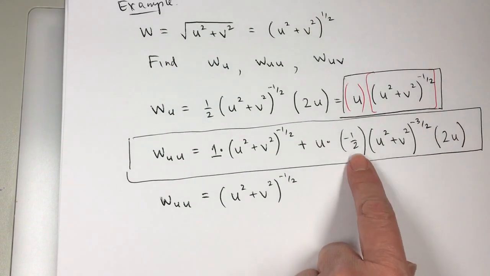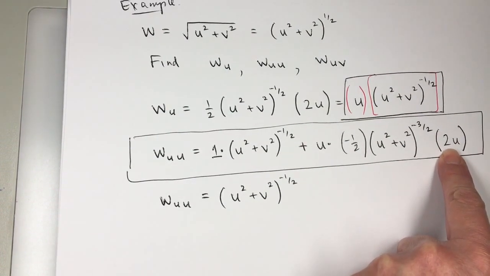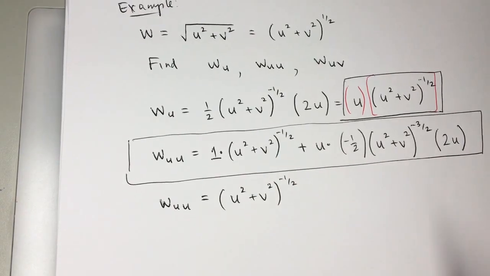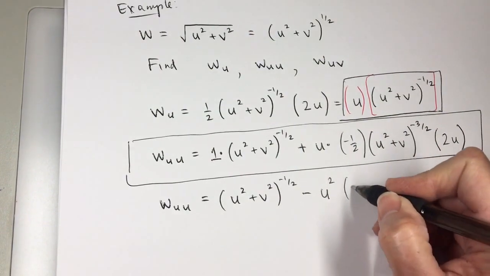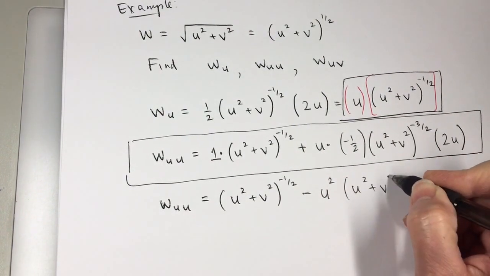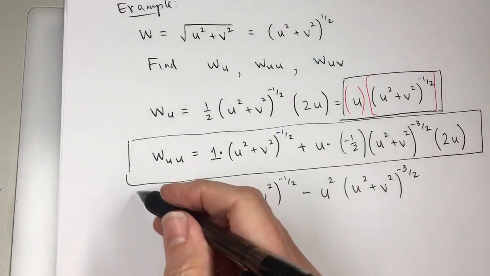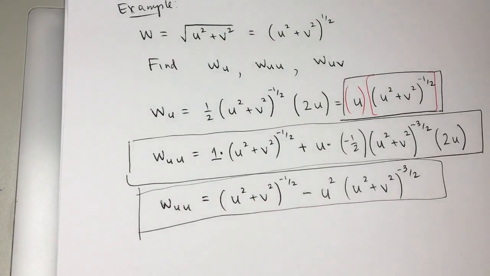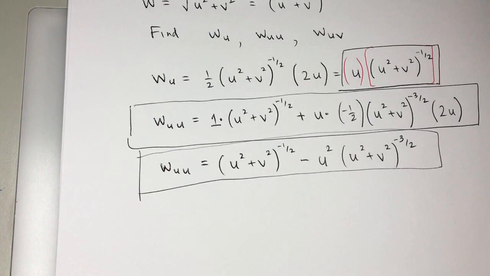Here I have a -1/2 times 2. That's going to be a -1. And I can do u times u. So it's going to be minus u squared times u squared plus v squared to the -3/2. There's my simplified answer. I guess we could simplify it a little more, but let's not.